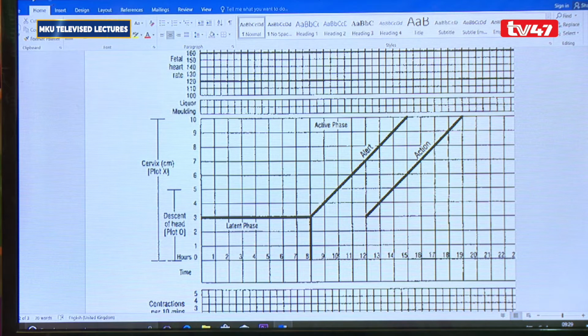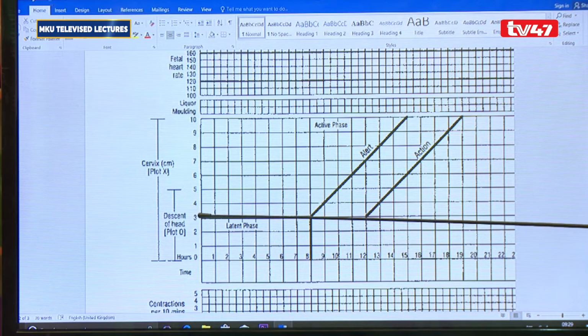So when one part of the head has gone in, we say that the head is 4/5 up. When no part has gone in, it is 5/5 up.